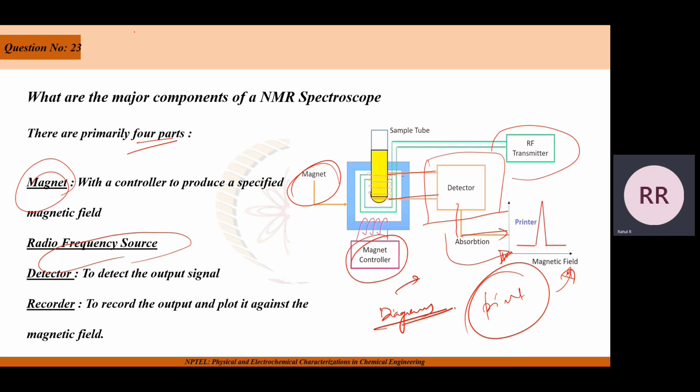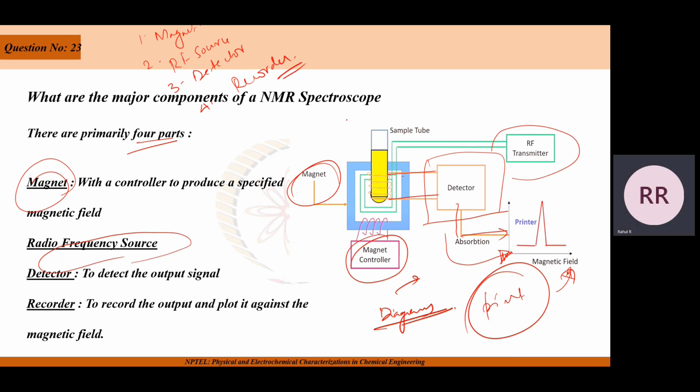So the major four parts are: first one, the magnet. Second one, the RF source. Third one, the detector. Fourth one, the recorder.